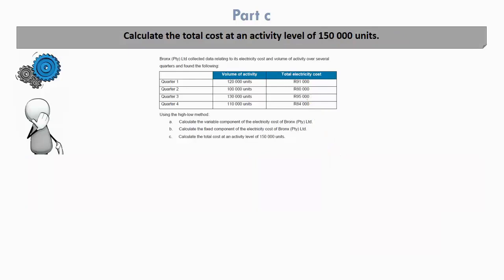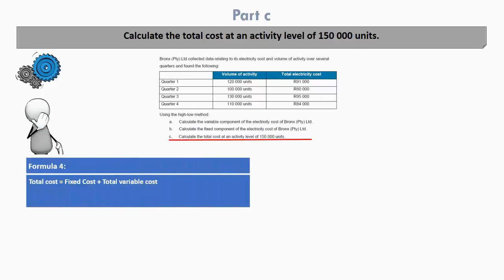At this point, the mixed cost is analyzed into its fixed and variable components, and the expected or budgeted cost for any other level of activity can be calculated. Part C requires the total cost at an activity level of 150,000 units. The total cost is the fixed cost plus the total variable cost.